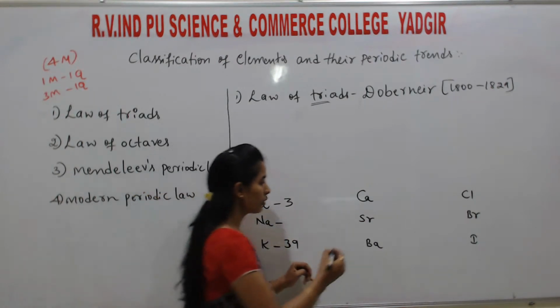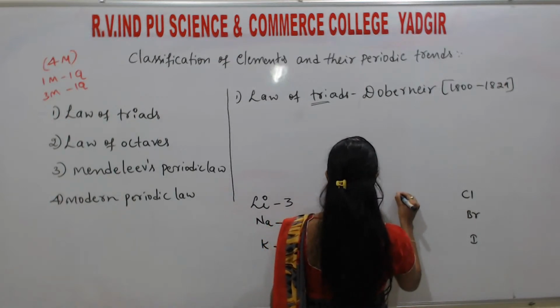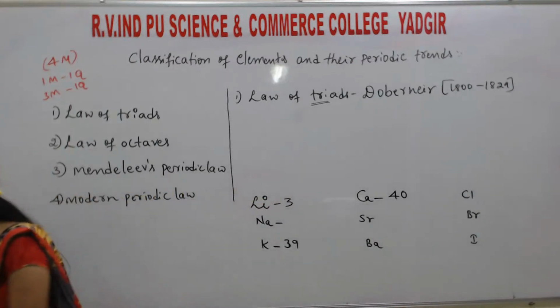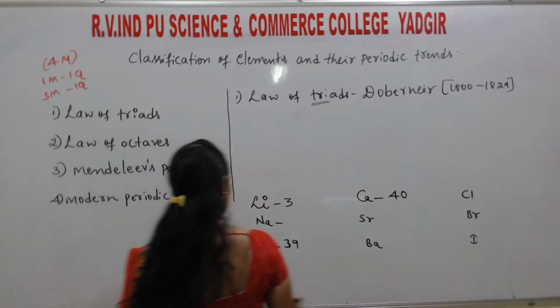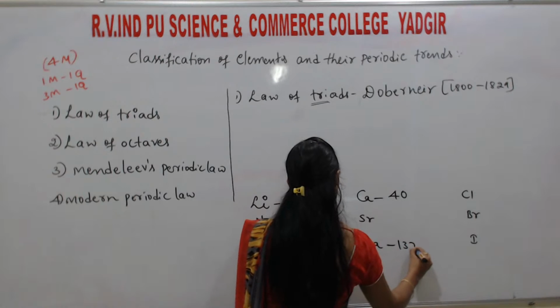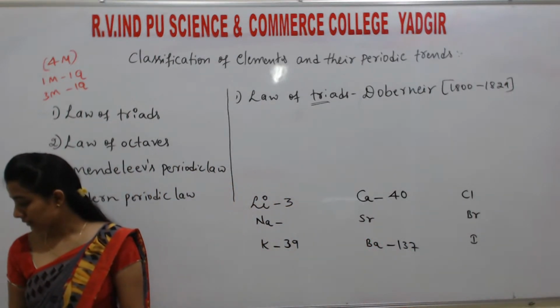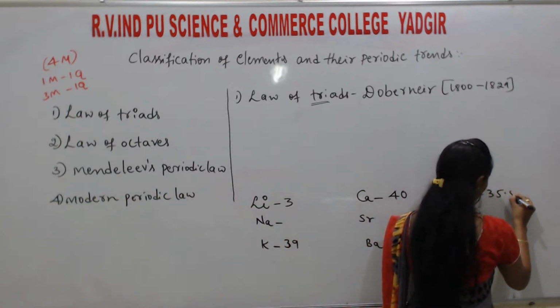Here the atomic mass of calcium is 40, and this one is 137, that is barium. The atomic mass of chlorine is 35.5.